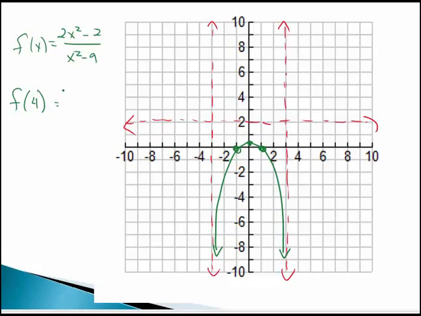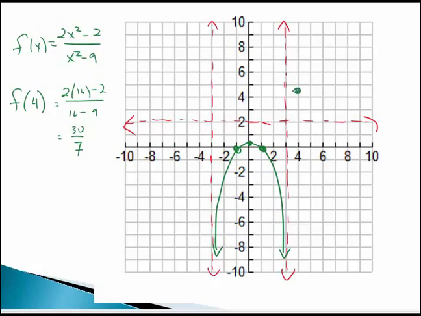So plug in 4, you get 2 times 16 minus 2 over 16 minus 9, which gives you 32 minus 2, 30. 16 minus 9 is 7. Okay, so that's approximately 4 and a little bit more. So if I plug in 4, I get an output of about 4, somewhere around there.